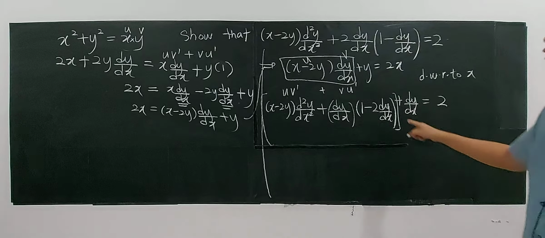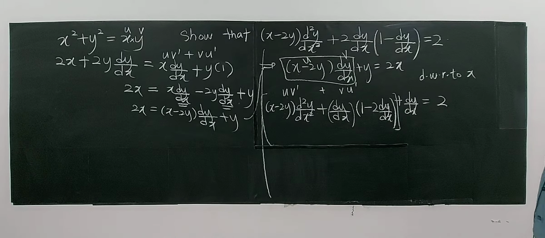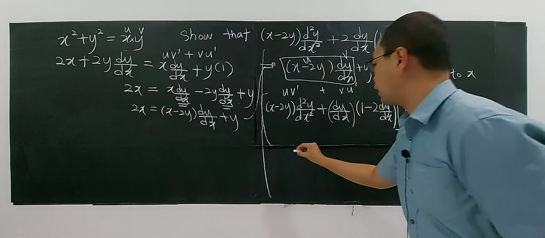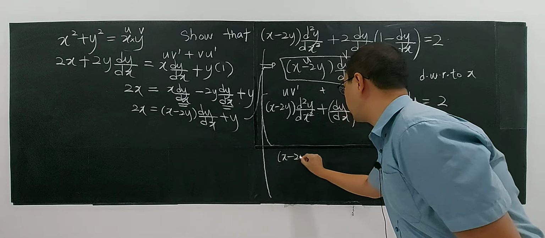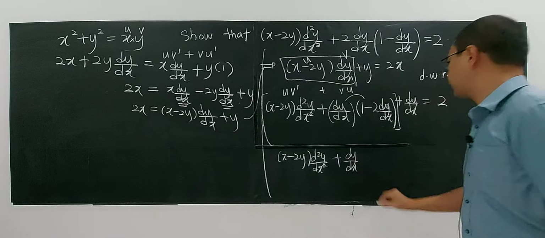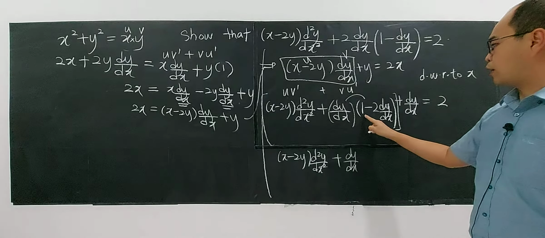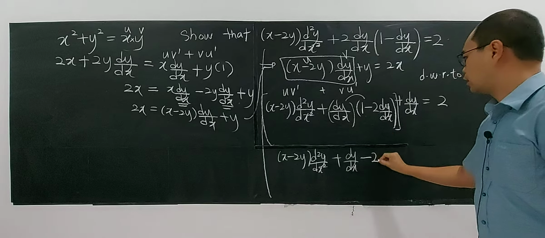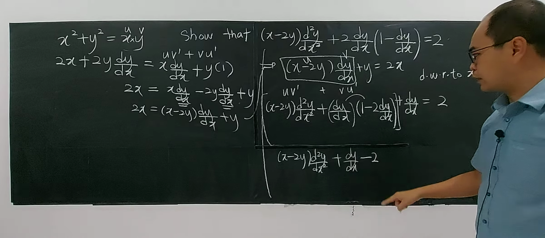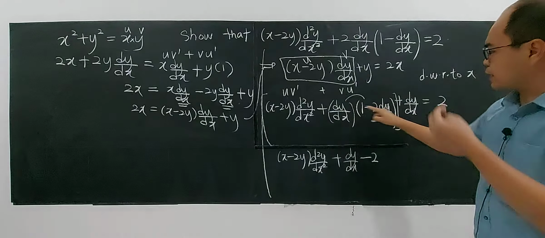So I just need to rearrange this whole thing. I write (x minus 2y) d2y/dx2 plus, expanding this, dy/dx multiplied by 1, you have dy/dx, minus 2 dy/dx times dy/dx.